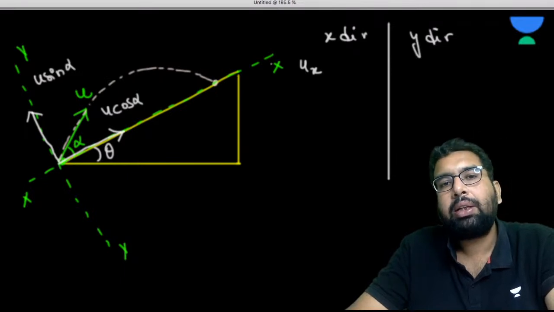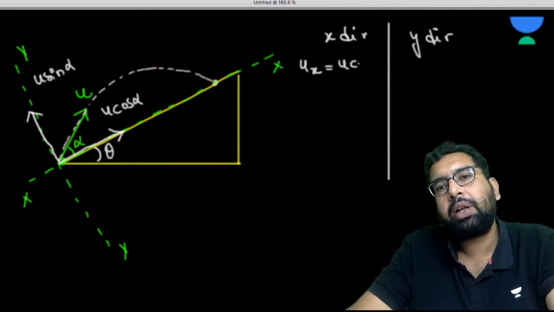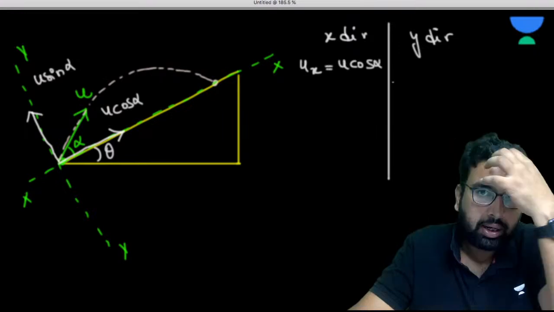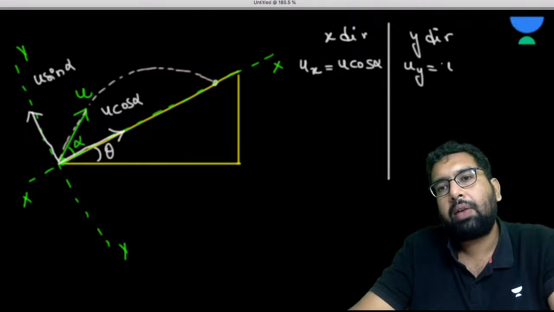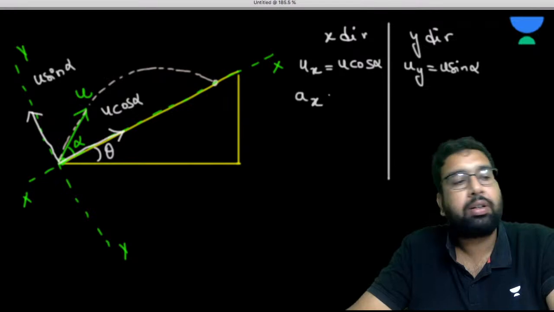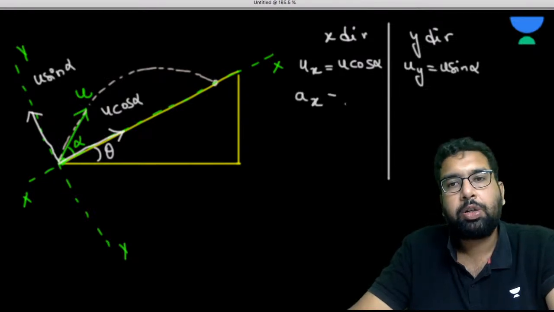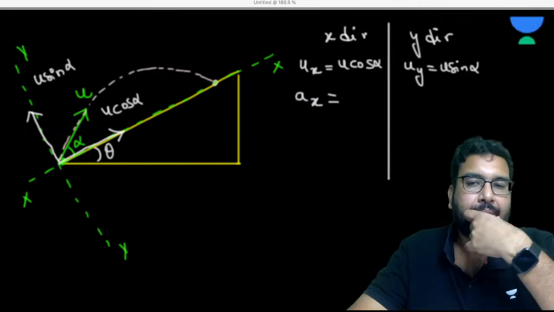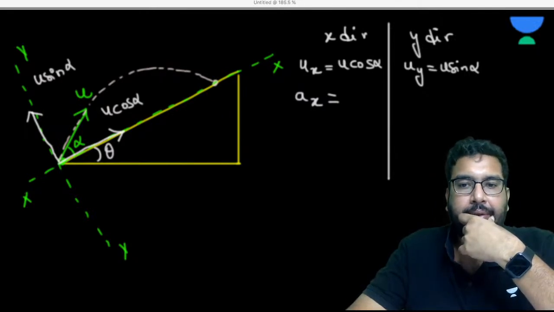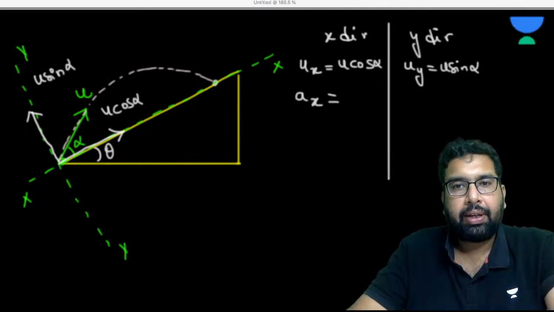In this x, we have the initial velocity of u cos alpha, and in the y, we have the initial velocity u sin alpha. Now in this x direction, the acceleration is going to be what? Is it going to be 0? Please answer me.